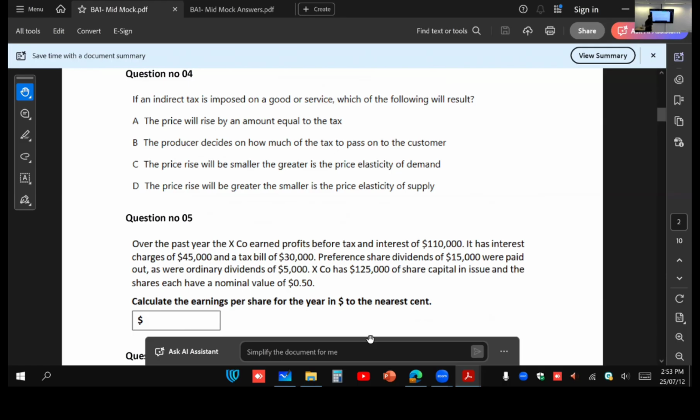So with that, if a price rise happens, right? Price rise will be smaller, the greater is the price elasticity of demand. Simple stuff. Question 5.